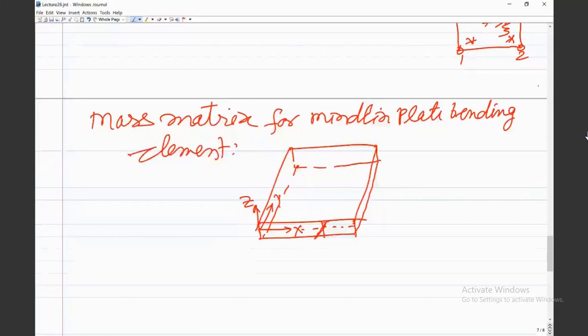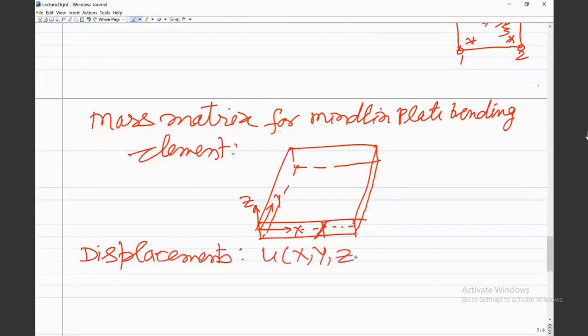So in this case now you already know the displacement approximation through the thickness. So we know the displacements u, which in general is a function of x, y, z and t. And we are assuming that there are no in-plane loads, only transversal loads in small deformation. So u naught and v naught displacements are not there. So this is z into theta x. Theta x is the rotation about positive y-axis, and theta x is assumed to be a function of x, y and t.